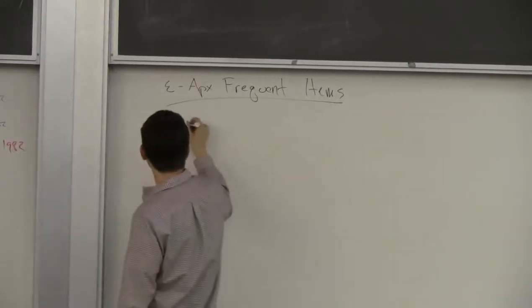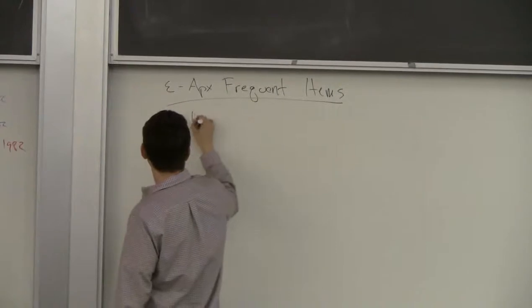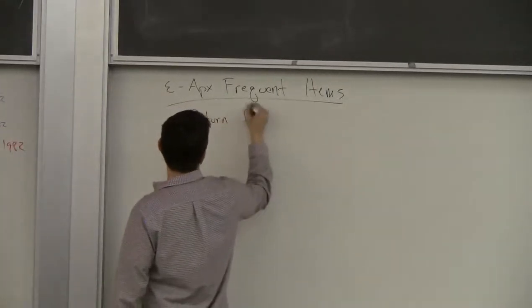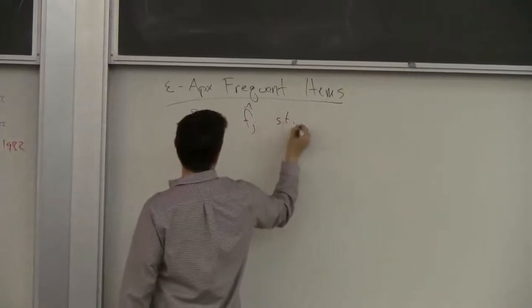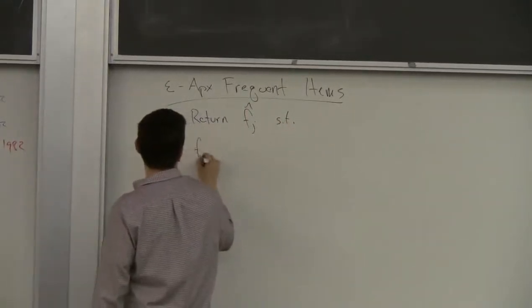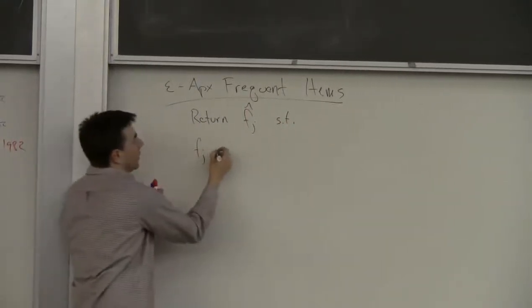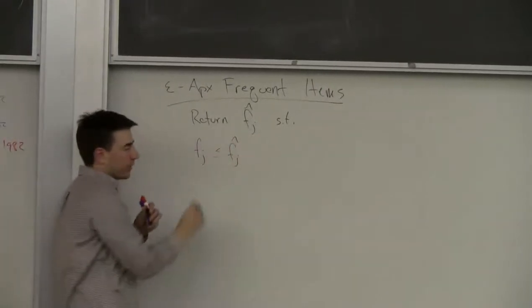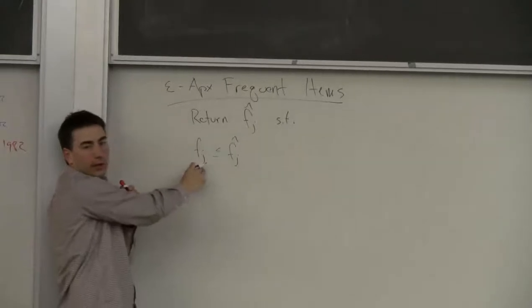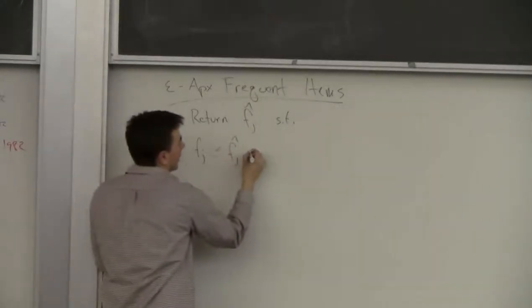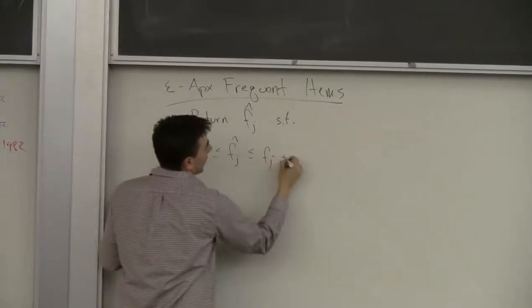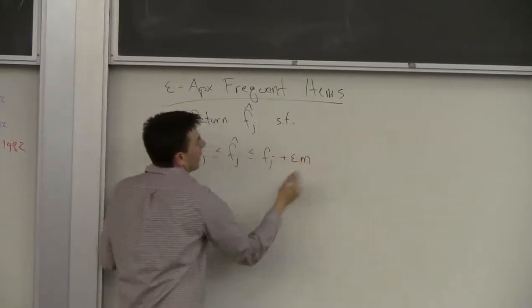The claim is now that I'm going to return fj hat such that fj is always less than or equal to fj hat. So I'm going to have no error on the lower bound, and fj hat is always less than fj plus epsilon m.